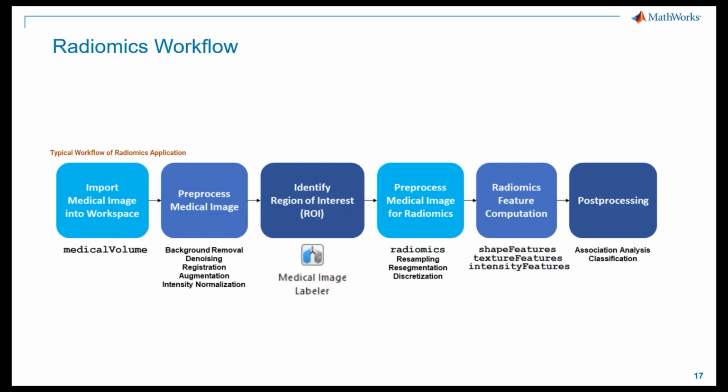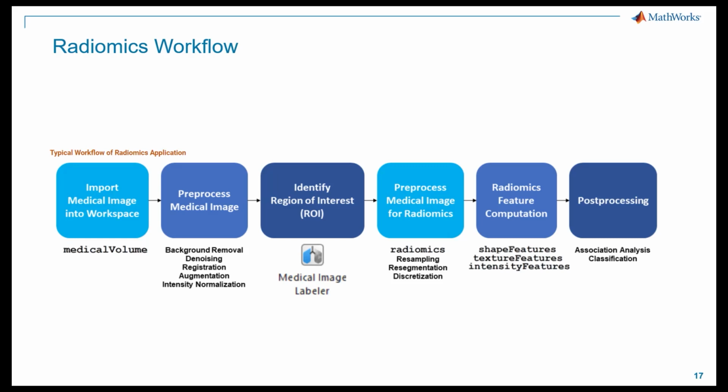So the radiomics workflow typically looks like this. Normally, we would bring our data into a medical volume object. We would do any kind of pre-processing that we want to do: background removal, filtering, registration, denoising. We would use the medical image labeler to segment the regions of interest in those images.